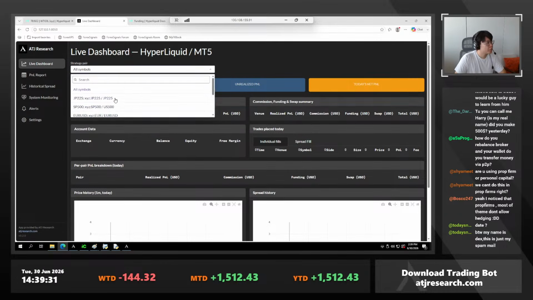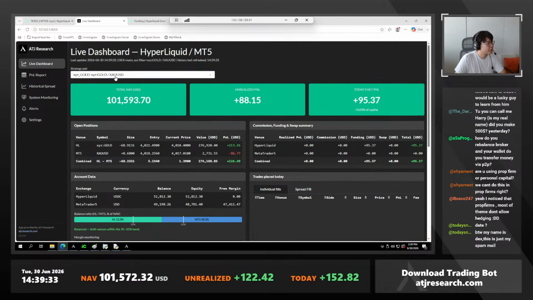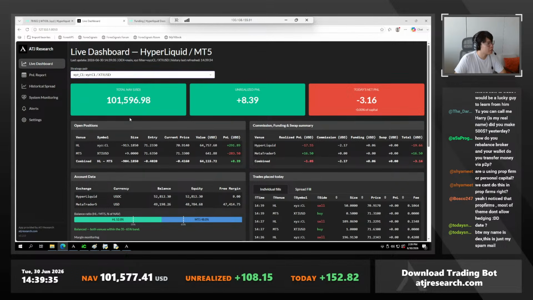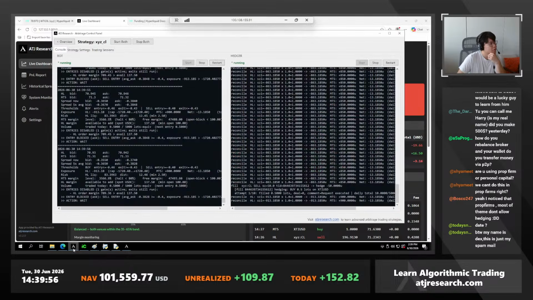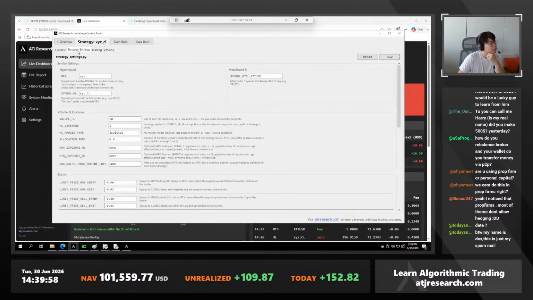Okay, so we added a new symbol. We create our own symbol map. And here on crude oil, our entry is minus 0.4. Let me check our entry price.